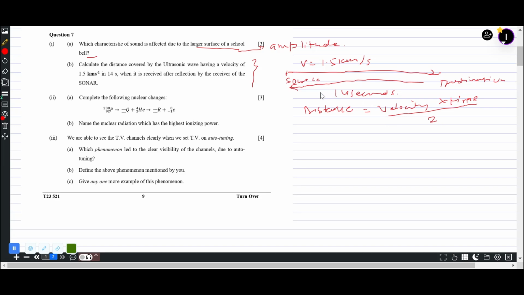Presuming somewhere here is my receiver, the sound goes from here to the destination, the point where it gets echoed or returned, and then it comes back to the receiver. So distance is velocity into time. I think this much concept is enough at your stage. So I'll write 1.5 into 14 over 2. That is 10.5 kilometers.